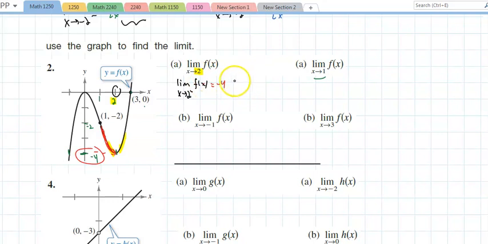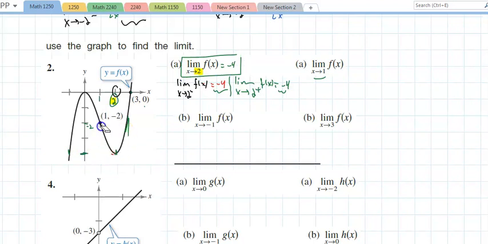I still have to take the limit as x approaches 2 from the right. If I look at 2, there's 2 from the right. Coming from this side, what's the y leveling off next to? It turns out to be negative 4 as well. If the left and the right match, I say that's negative 4. Otherwise, I'll say that limit does not exist.